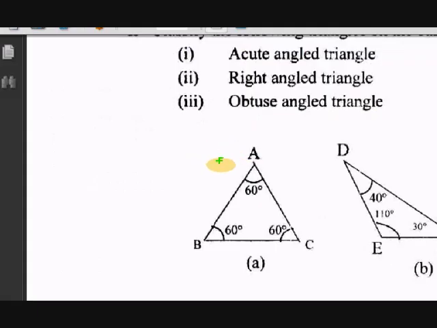Here in example A, what type of triangle is this? Is it an acute angled triangle, right angled triangle, or obtuse angled triangle? We know this is less than 90 degrees, right? 60 is less than 90. Hence, this belongs to type 1, that is, acute angled triangle.